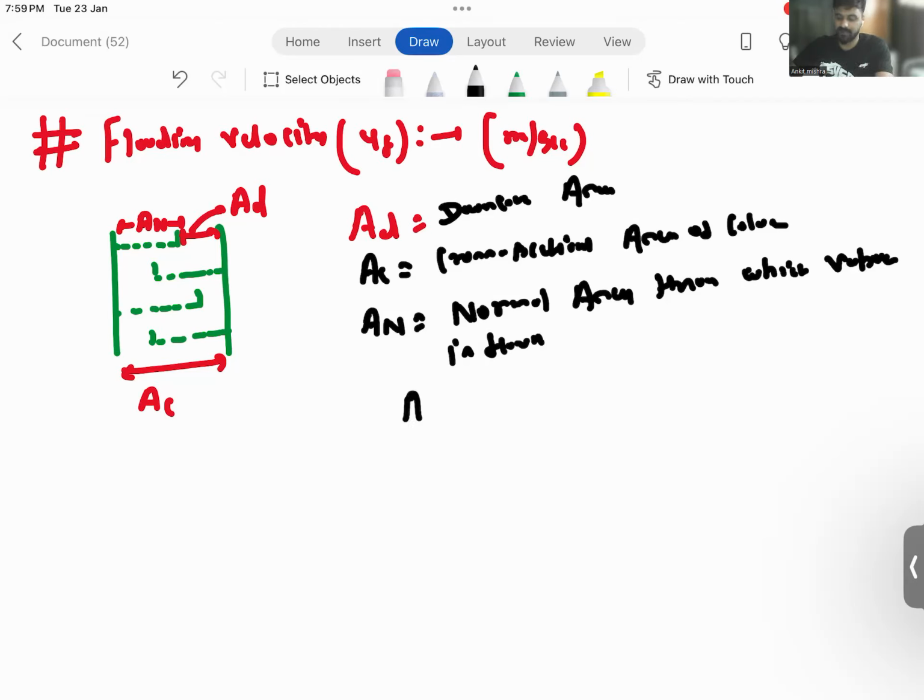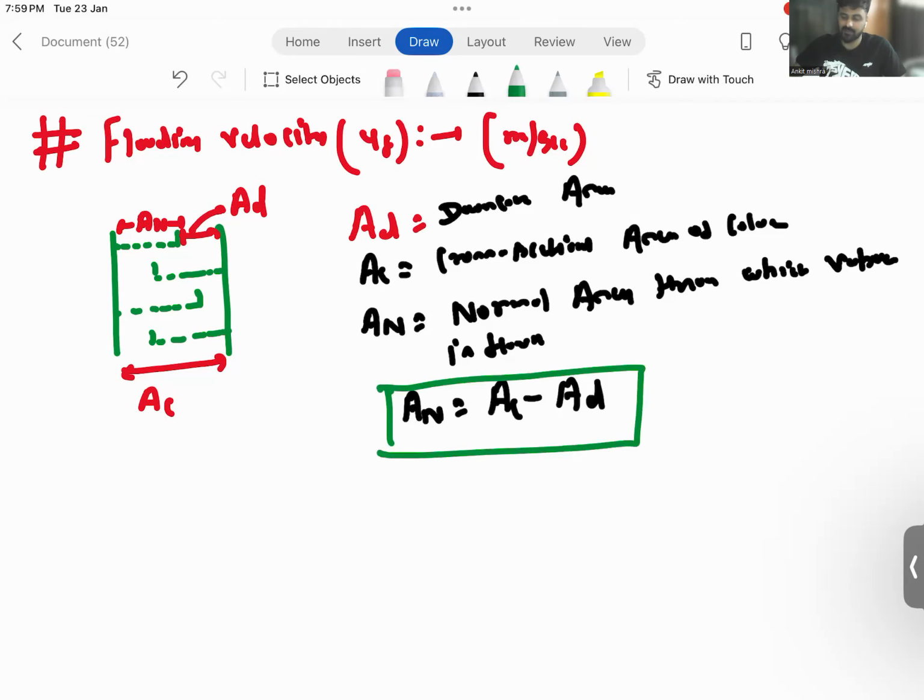If you remember my last lecture, you can calculate the normal area, that is cross-sectional area minus downcomer area, right? So this is how the relation will look, and obviously this is just simple mathematics and geometry.